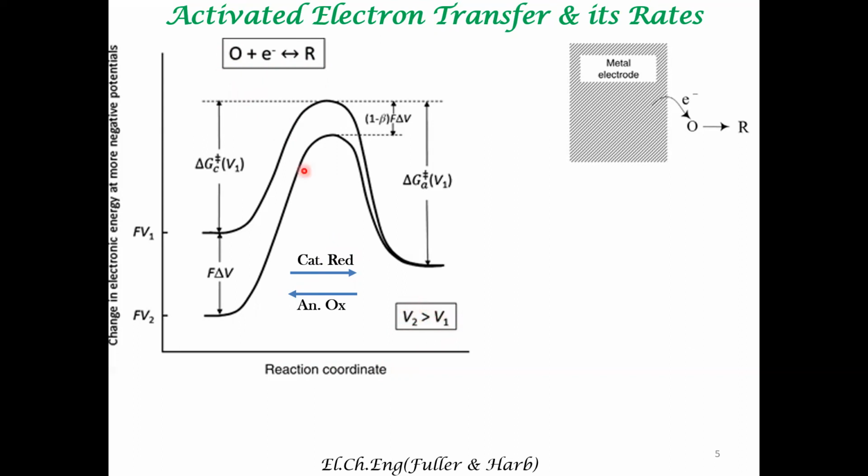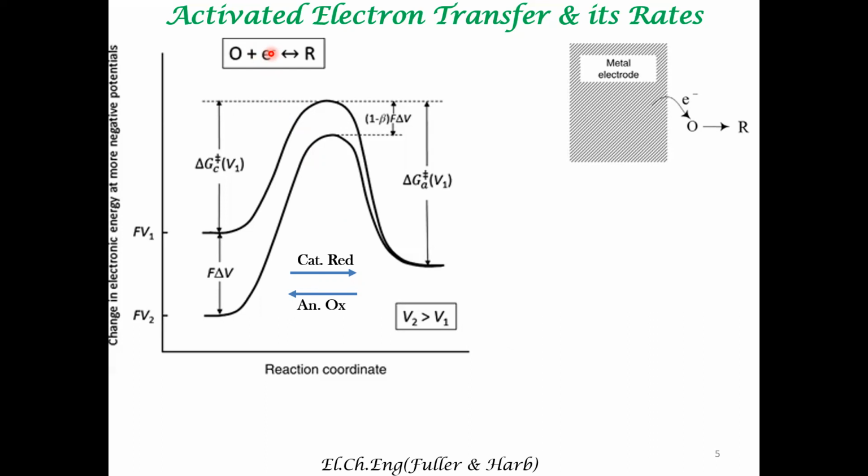The potential couples to the energy of electrons, and it varies the electrochemical potential of the electrons. When you go to a more anodic potential, let's say V2, these electrons are stabilized to a greater extent.